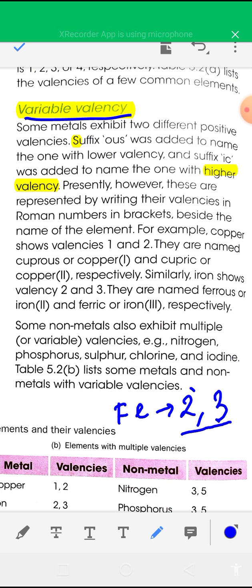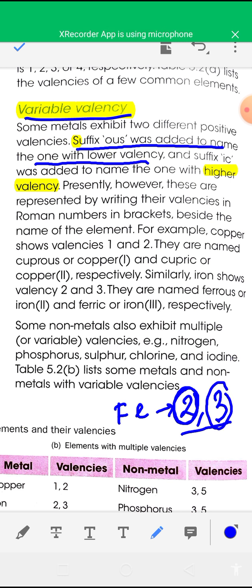To represent the lower valency, you use the suffix -ous, and for the higher valency, you use the suffix -ic. So Fe2+ is known as ferrous and Fe3+ is known as ferric.